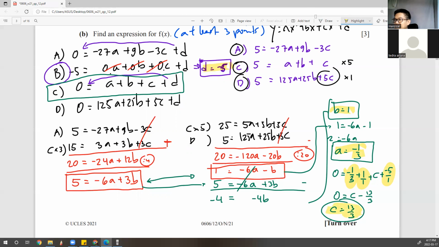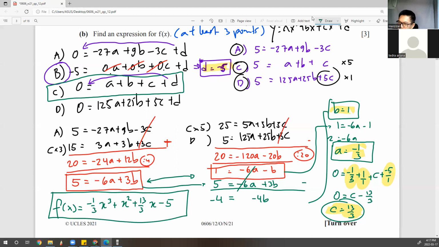Now, the question is the expression, right? So f(x) equals, put the a in the proper place, negative 1 over 3 x cubed plus b x squared plus cx plus d. Okay, this is what the question asks for.